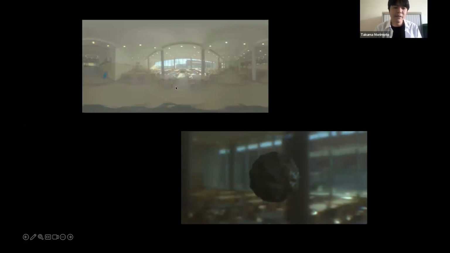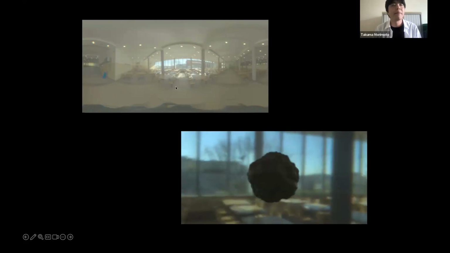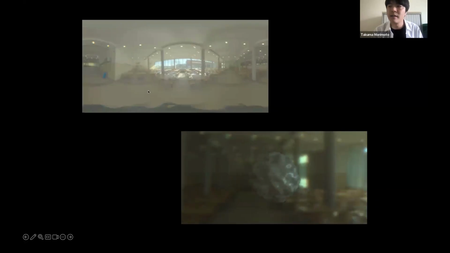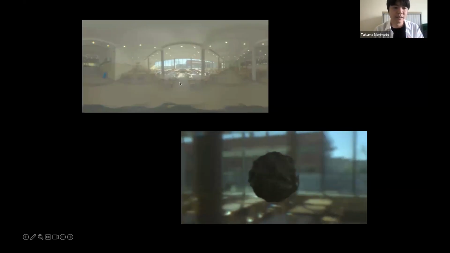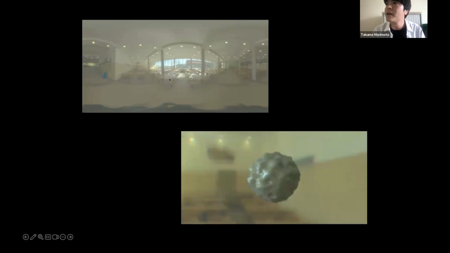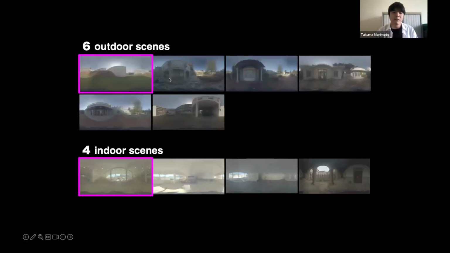In indoor scenes, we might have an implicit expectation that the spectra are directionally uniform, but even in indoor scenes, there are interesting variations like this. Of course, it depends on the scene. Some rooms have a large window and others don't. But in the end, we measured 10 scenes in total.